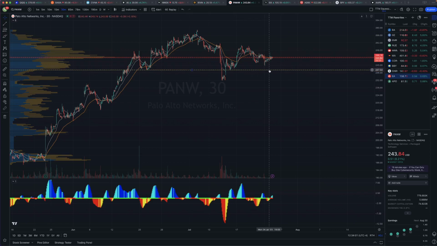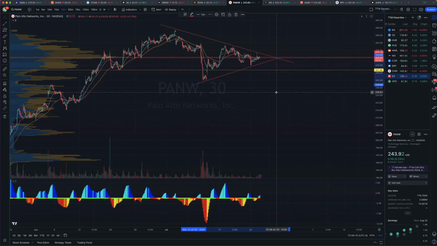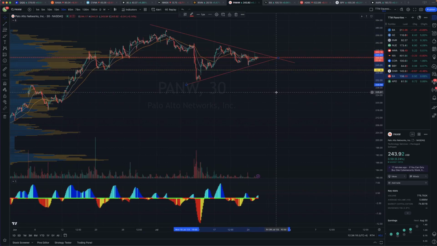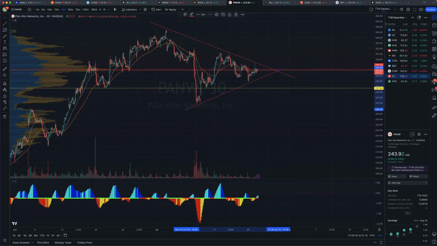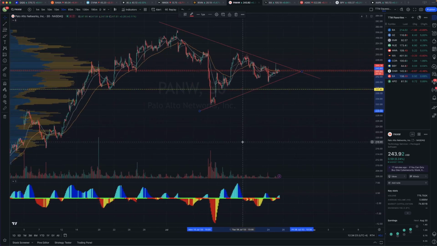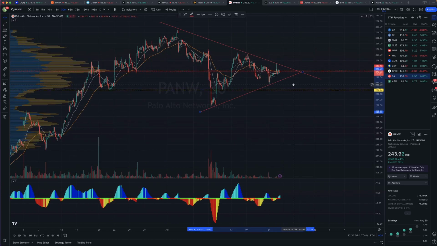At 237.53. Look at this. We got this nice pennant going. Man, I think D-Man picked this up today. I think. I'm not sure.